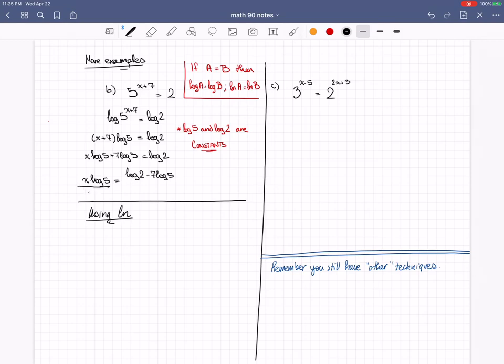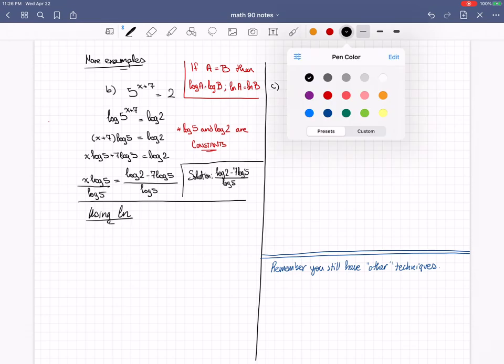And then we're going to divide both sides by log 5 to get x by itself on one side. And now that x is by itself, we have the solution. So the solution to this equation is log 2 minus 7 log 5 over log 5. Now, that is the precise value of the solution of this equation.